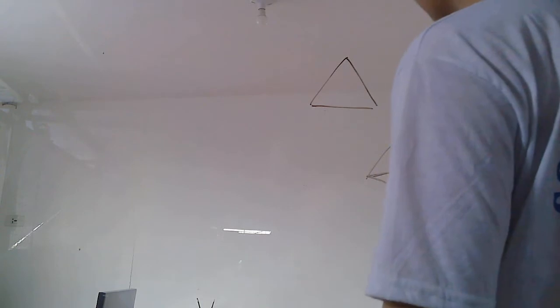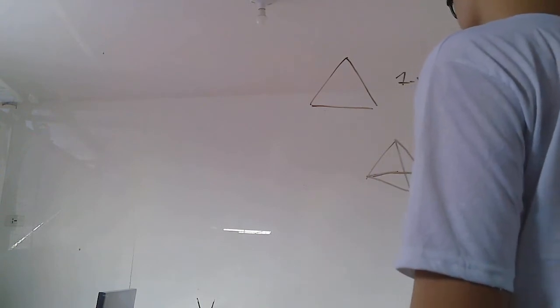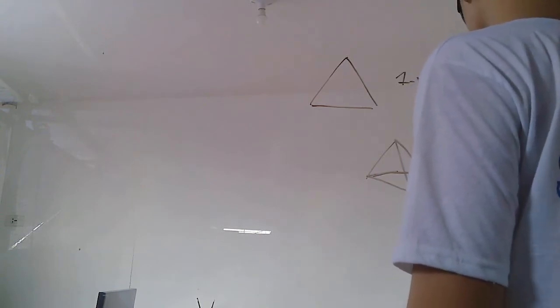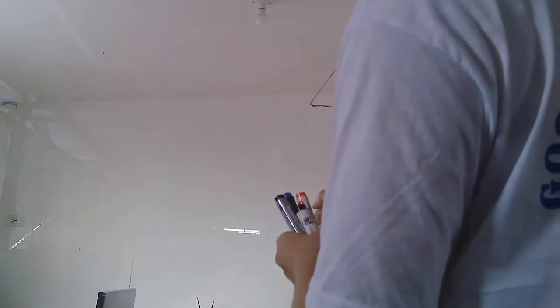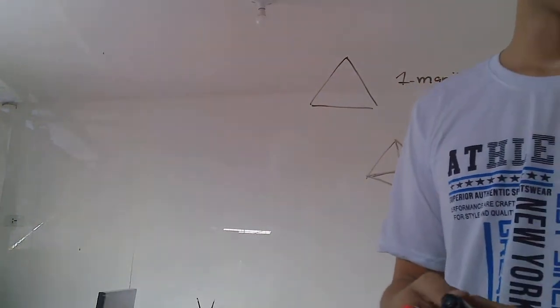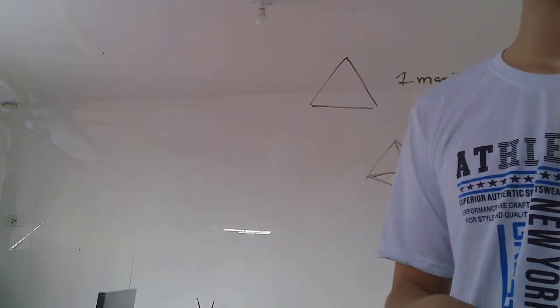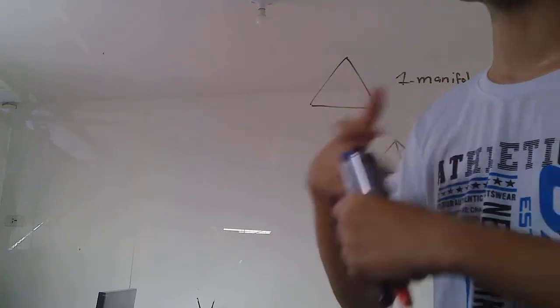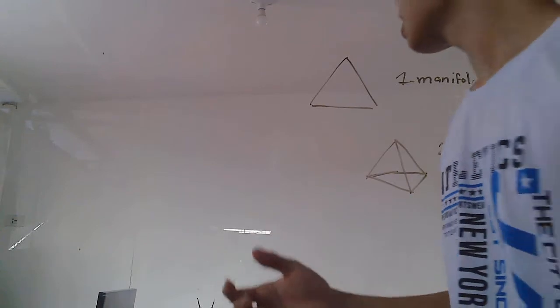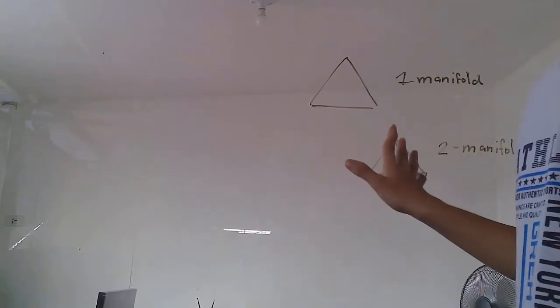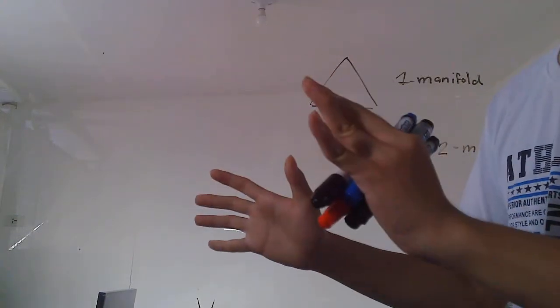A tetrahedron is a two-manifold. The thing about surfaces and two-manifolds is that they locally resemble Euclidean space. And when they locally resemble Euclidean space, that means a part of them looks like flat two-dimensional space.